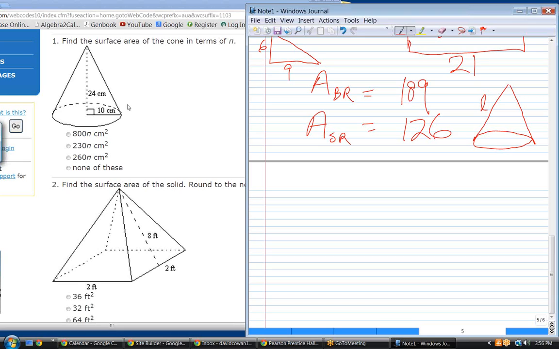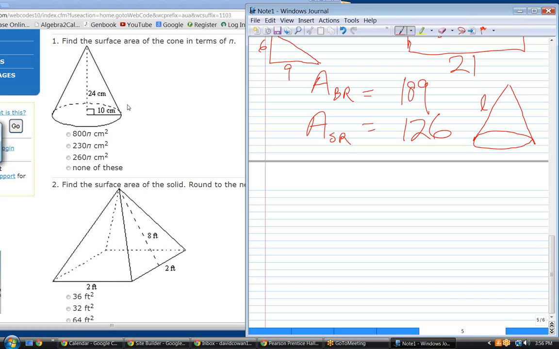So you have a triangle that's 24 and 10. So use the Pythagorean theorem to figure out the right side of that triangle. Okay.